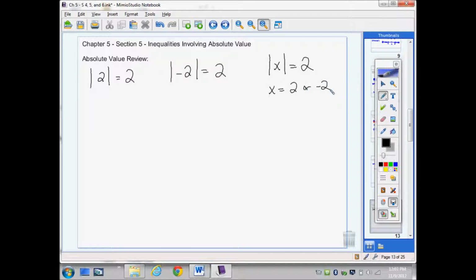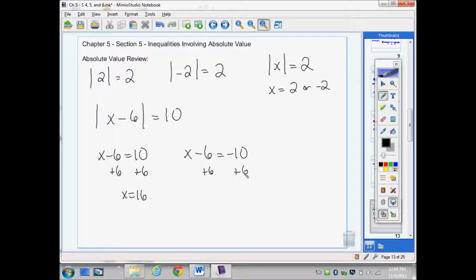And when we had absolute value equations, we had to split it. So we had to say that x minus 6 equals 10, and we also had to say that x minus 6 equals negative 10. And then we solved each of those individually. And we got 2 answers. Okay, familiar?